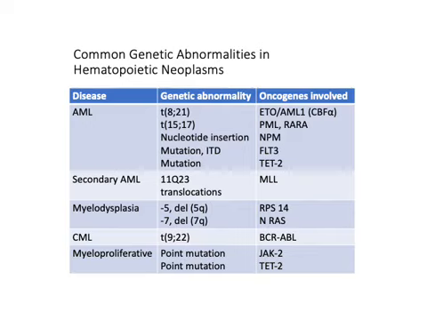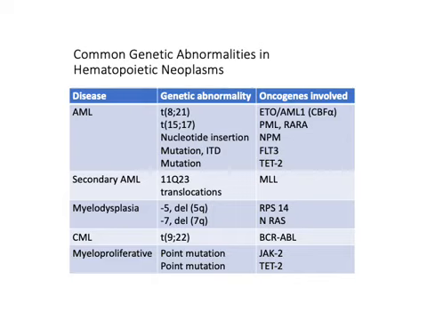Now, these are some of the genetic abnormalities found in hematopoietic neoplasm. Take note, some of these genetic abnormalities may be disease-defining. For example, the translocation 15;17 is diagnostic of acute promyelocytic leukemia.